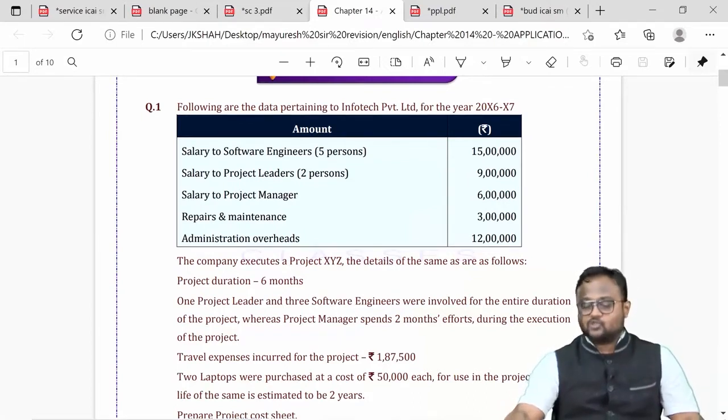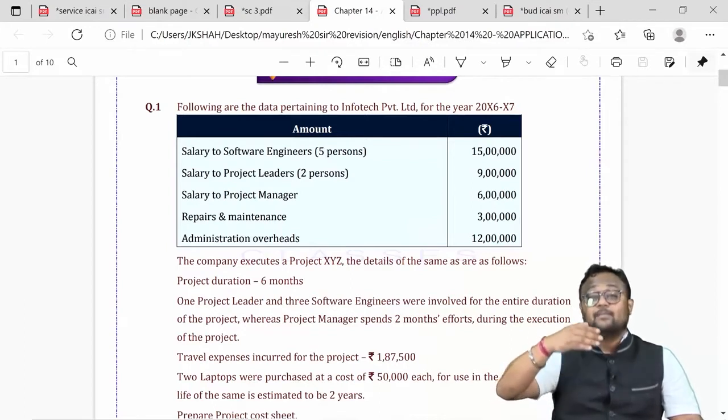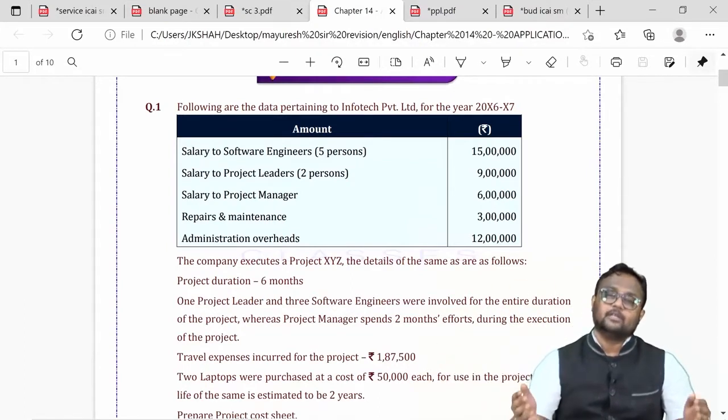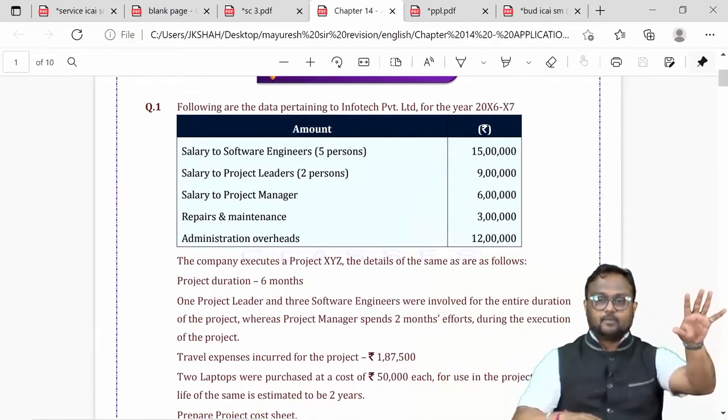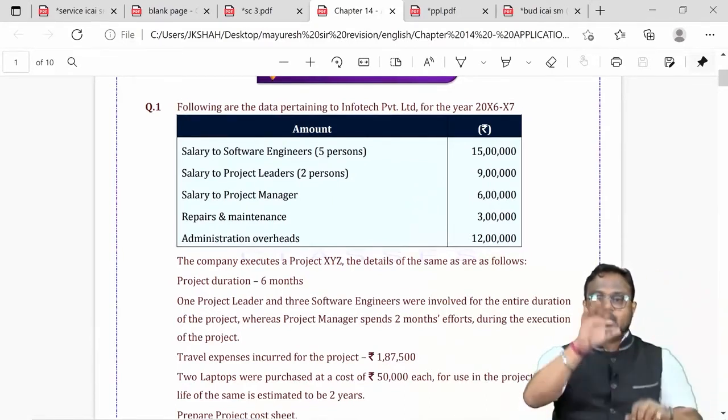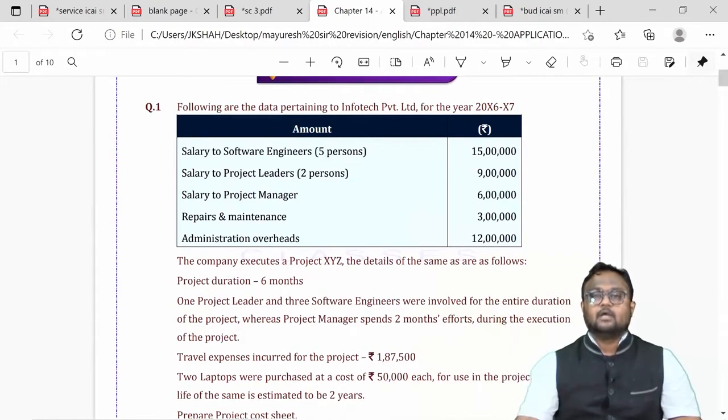Like I already said, job costing, batch costing, you might find them as a separate topic in the study material, but it is already covered in our material in material costing, labor costing, and absorption costing.